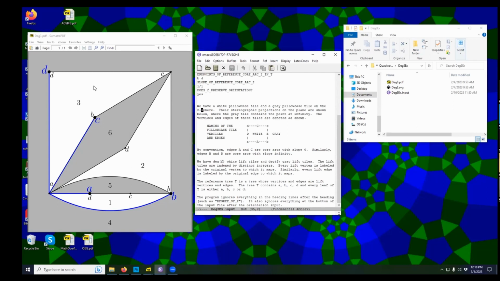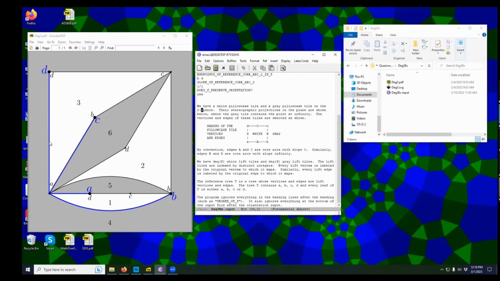It's not necessary for every post-critical vertex to be a leaf, but it is necessary that every leaf be post-critical. In this picture, the tree that we choose is given by the thicker blue edges. So here is an edge in our tree, another one, and another one. We have 4 edges in our tree.